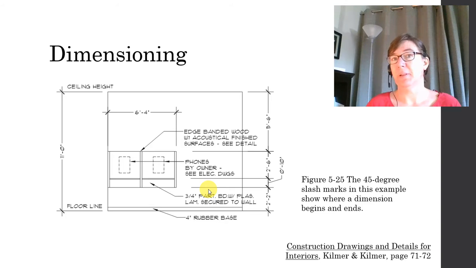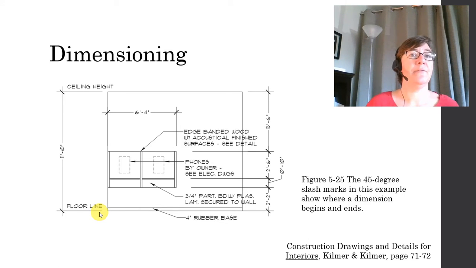So here's an example of a drawing that has dimensions. And you can see right here, this is the dimension line. This piece right here is called an extension line, and it runs from the dimension line to the object that it's actually dimensioning. Notice that it doesn't touch, it's held off a certain amount.